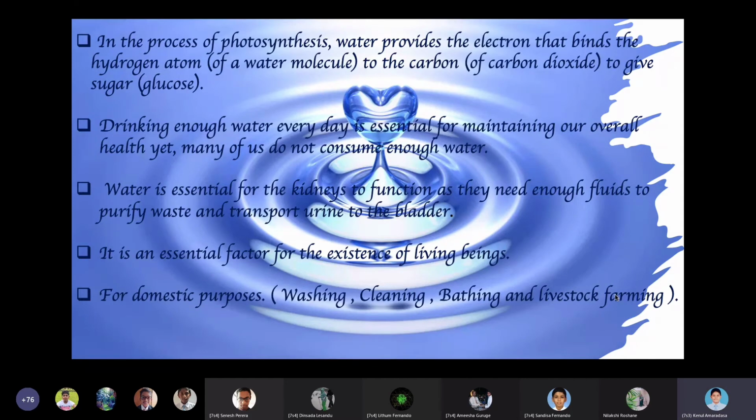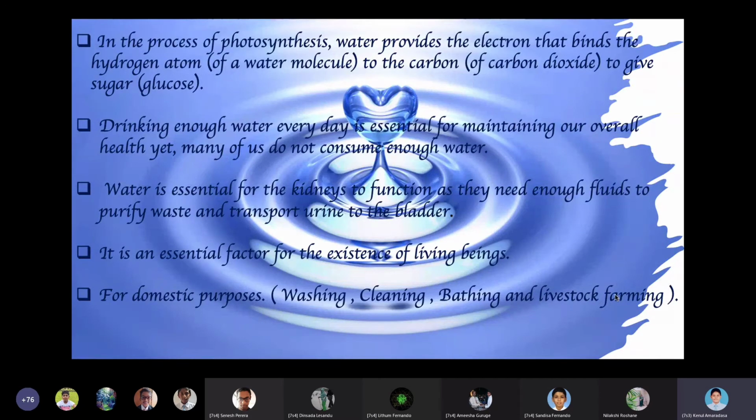Drinking water every day is essential for maintaining our overall health, yet many of us do not consume enough water. Water is essential for the kidneys to function, as they need enough fluids to purify waste and transport urine to the bladder. It is an essential factor for the existence of living beings.